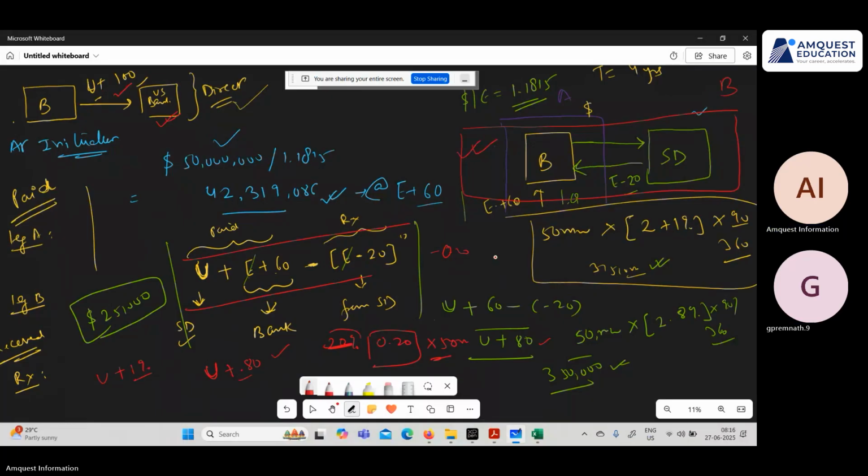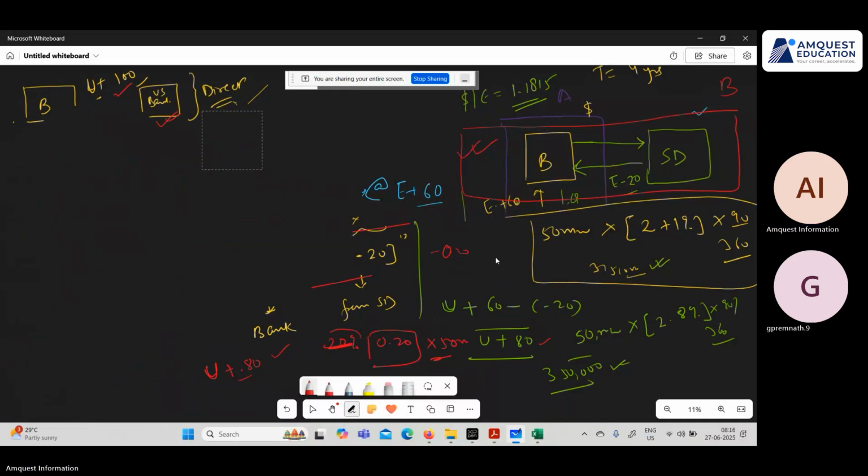What I'm trying to say is that he's paying USD plus 80. So what I'm saying is that he's paying the US reference rate plus 80 in a synthetic borrowing, USD plus 80 bips.